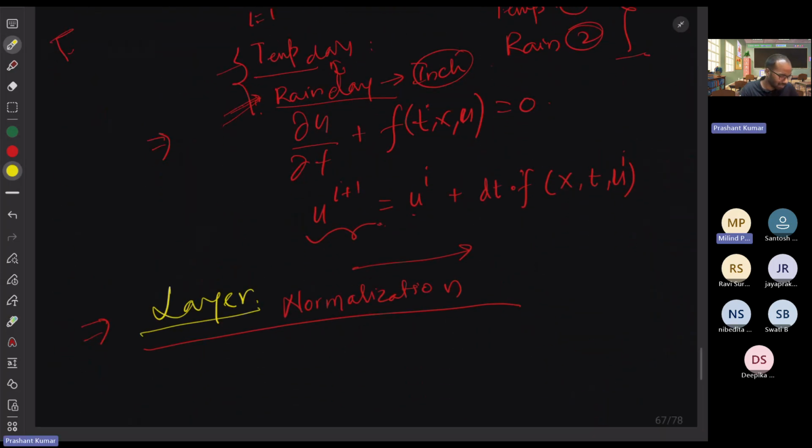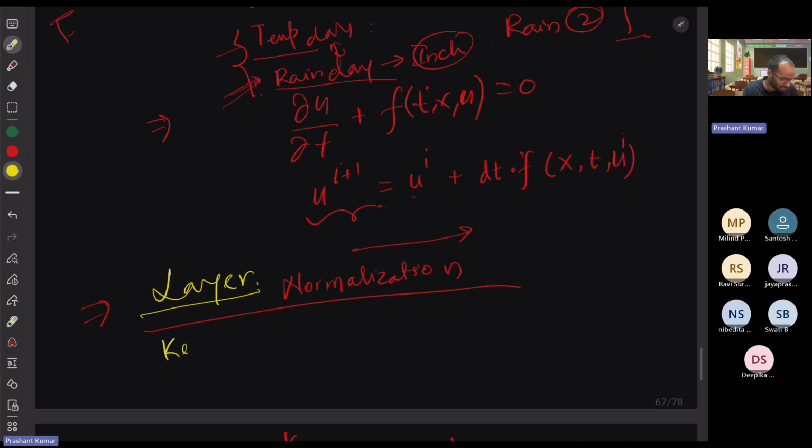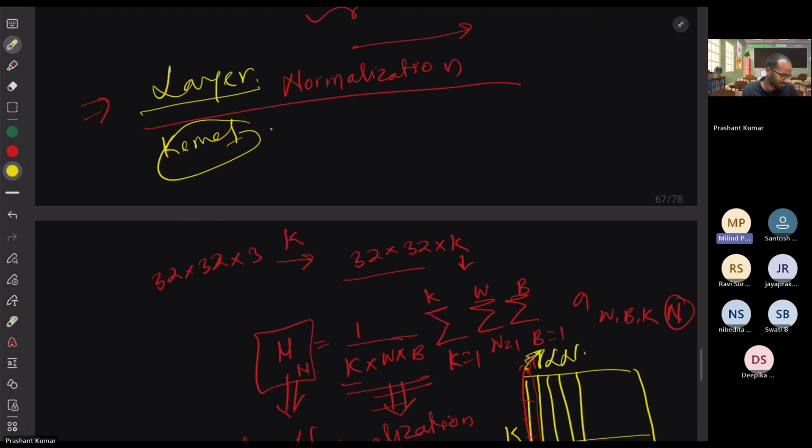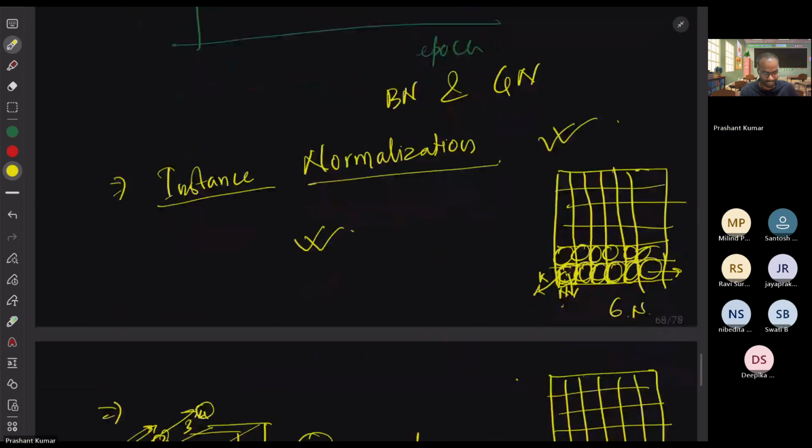Maybe we should have called it the kernel normalization. That would have been better. But kernel is synonymous with layer. Calling it layer is more general, because you don't use kernels in the MLP, right? Yeah, okay. So you got it, right?